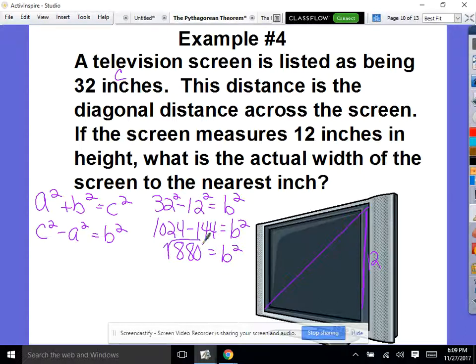And when we take the square root of 880, we get 29.66, rounded to the nearest hundredth. Oh, but it says the screen to the nearest inch. So we have to round this to 30 because it tells us to round to the nearest inch.